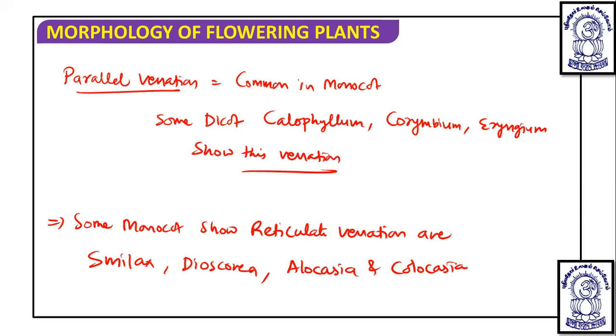Okay, so these are the monocots which show reticulate venation. So these examples you should remember.